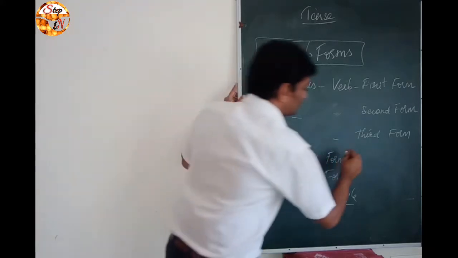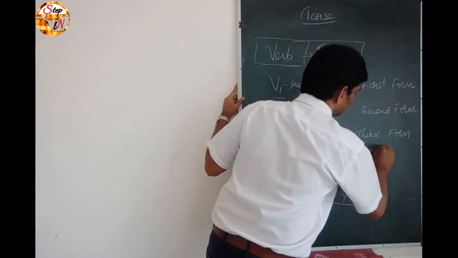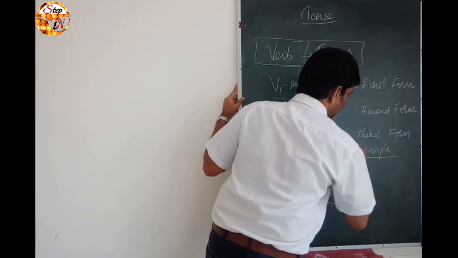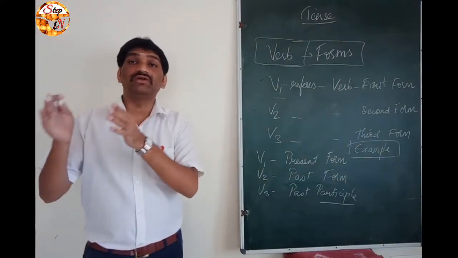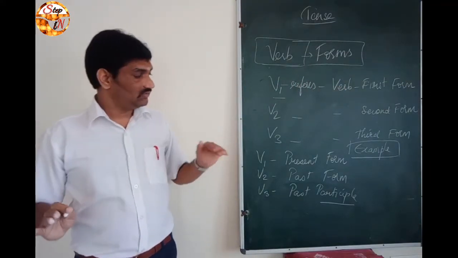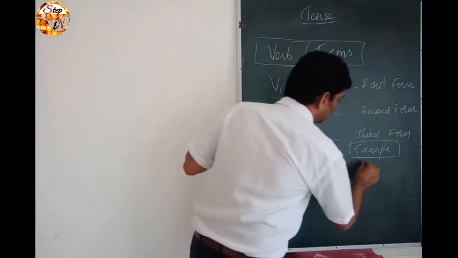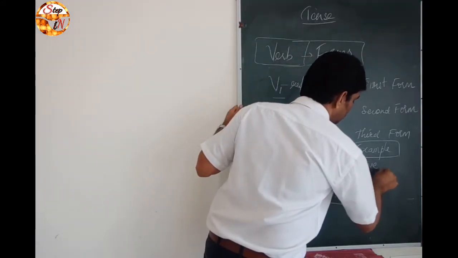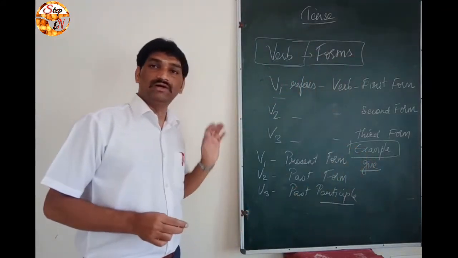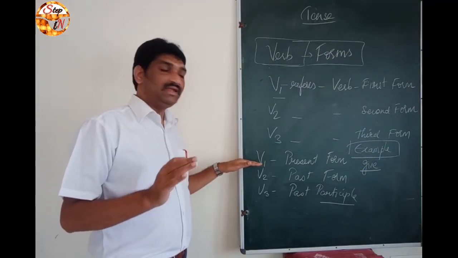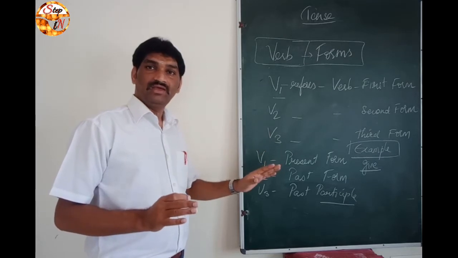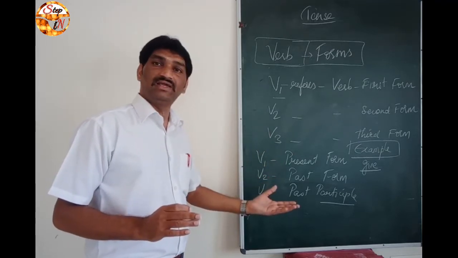So now we can see here the examples. If you take any verb, we have 3 different forms. Got it? For example, if you take the word give. Give is a root verb, root word. So it is verb 1. It is in the present form. So what is the past form of the word give?